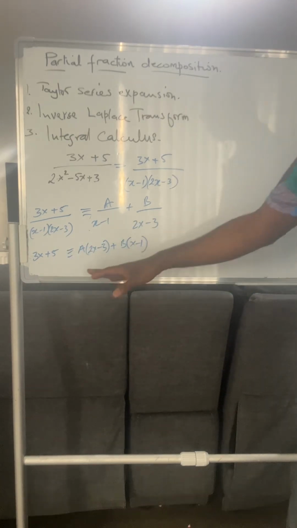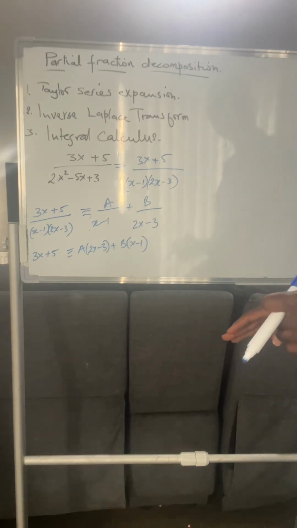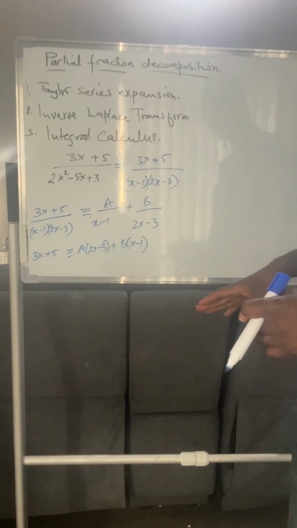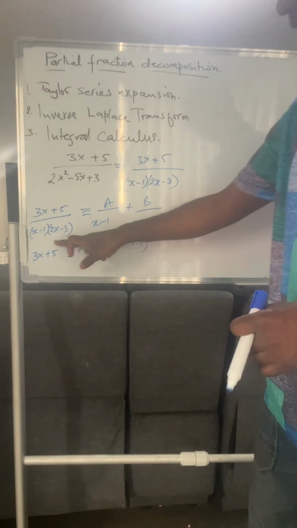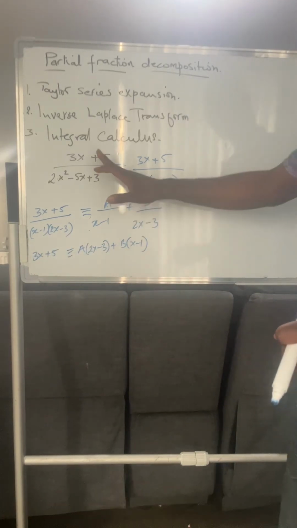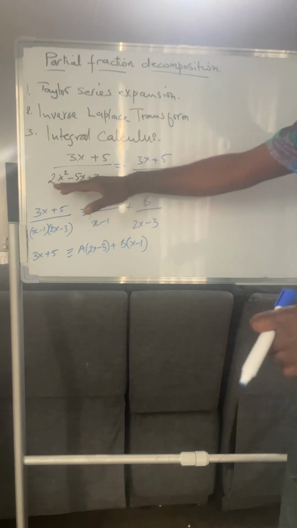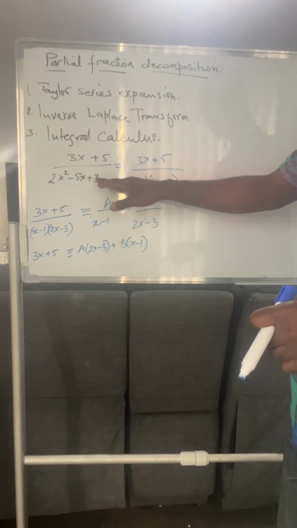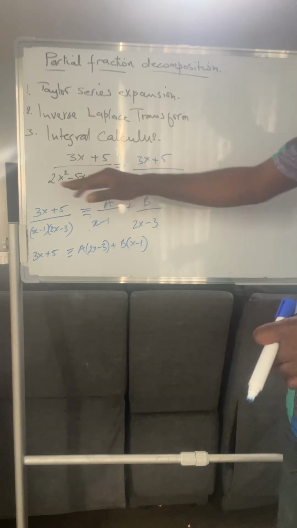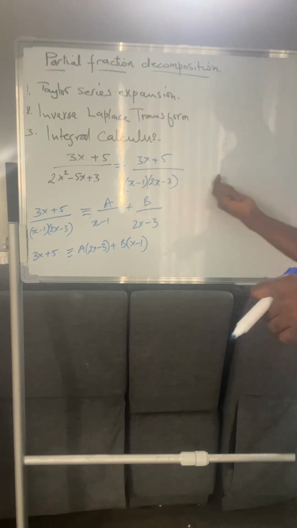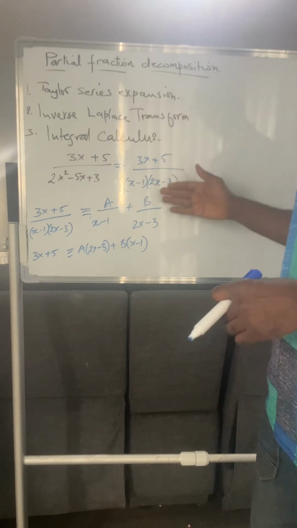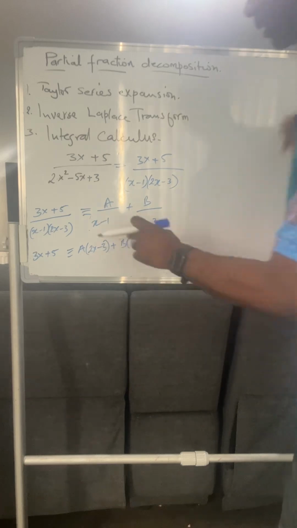I don't want to go over it again. We are now looking at this function here. Concentrate on this function. This is a quadratic equation. We find the factors, which are x minus 1 into 2x minus 3. We said this can be broken down into this format.